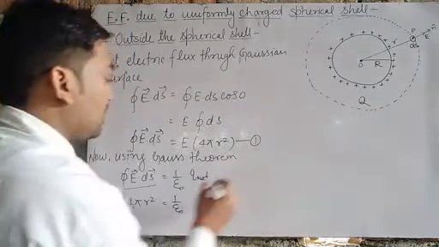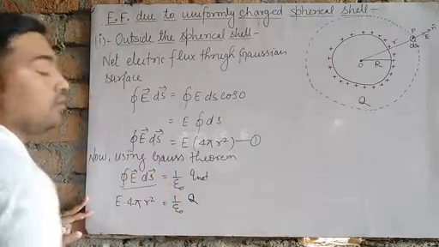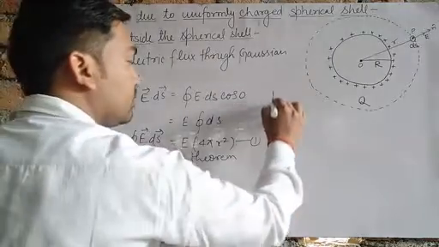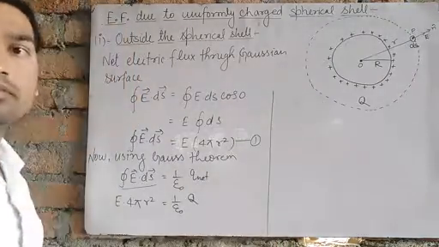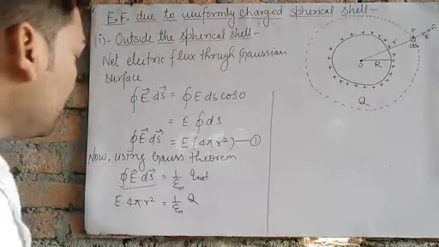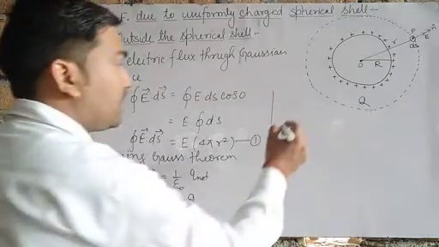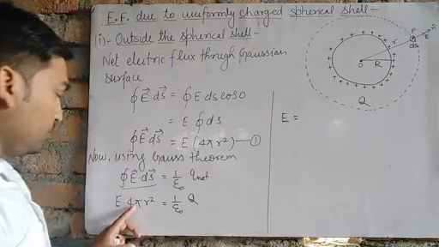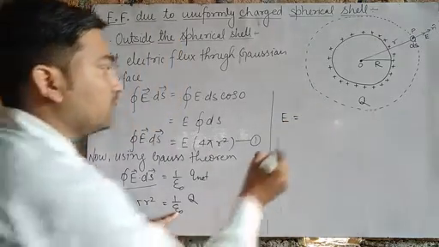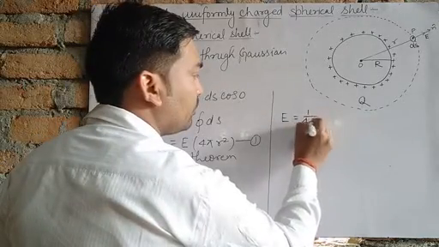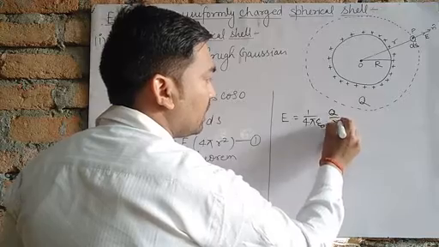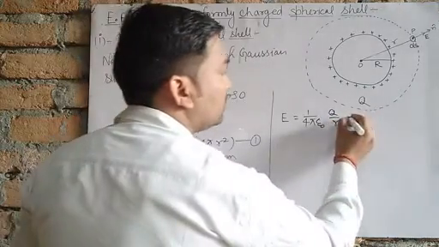Q net is the charge, capital Q. From here, E equals 1 upon 4 pi epsilon naught times Q upon r square. This is equation number 2.